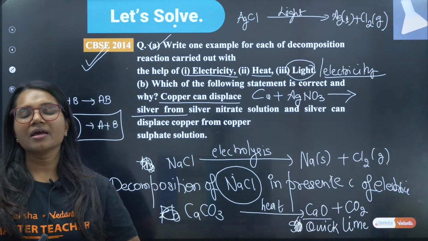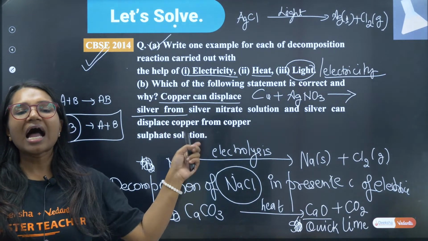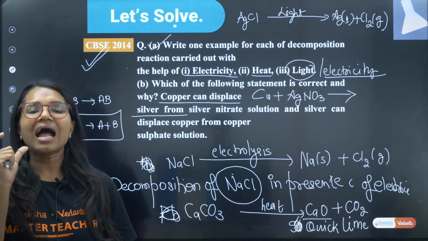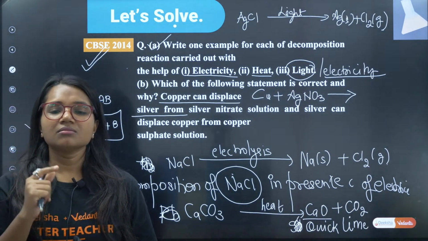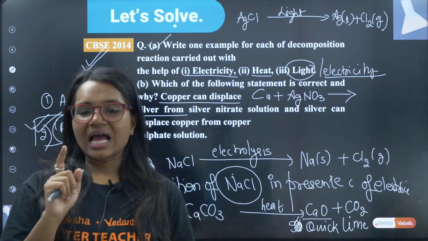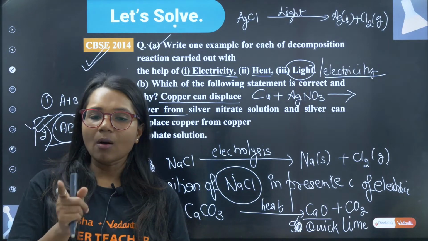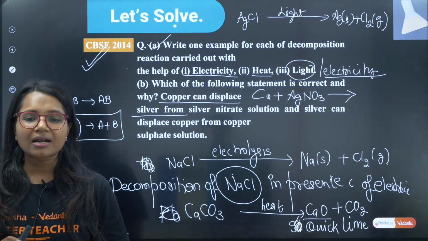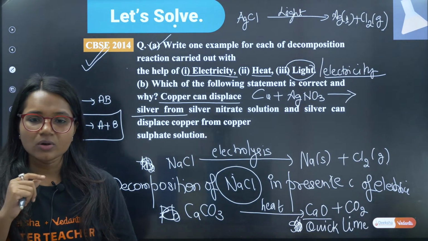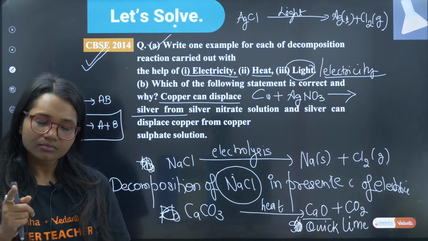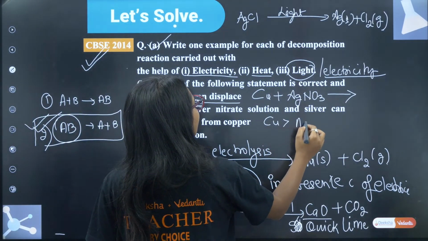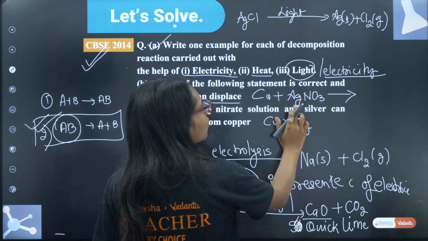Where is Rohit? Where is Viksha? Let's have a look at the next question. You have to tell me copper and Ag, which is more reactive. I am telling you copper, correct, Viksha, copper is more reactive. Absolutely, very good, Rohit. Copper is more reactive than Ag. So, will copper be able to replace Ag?